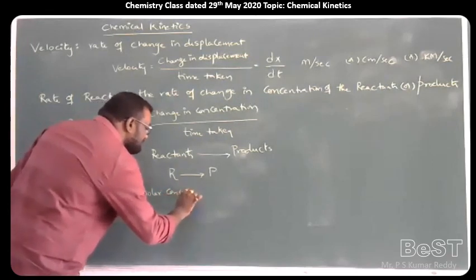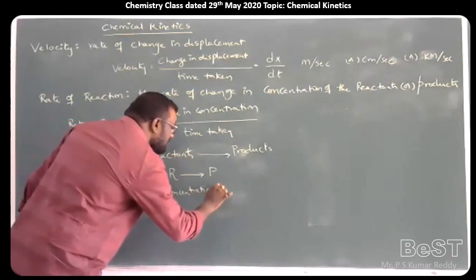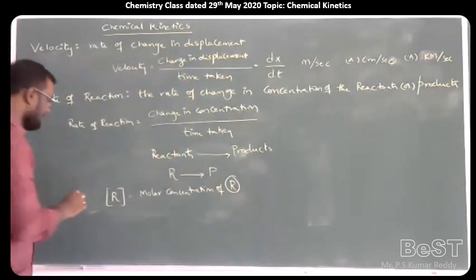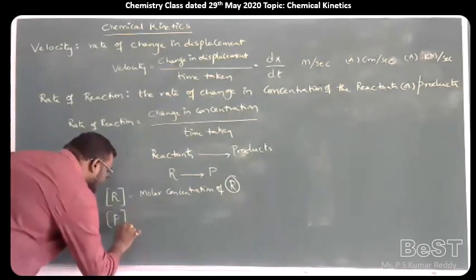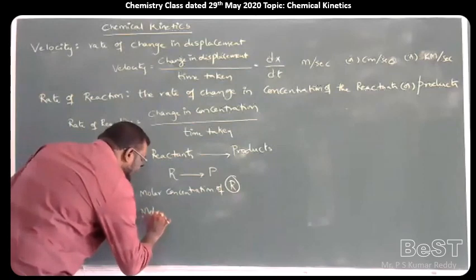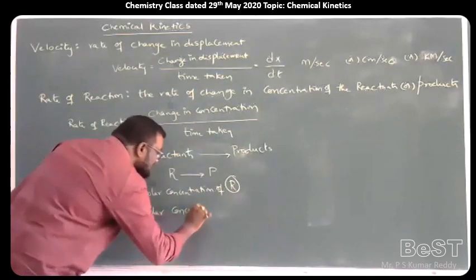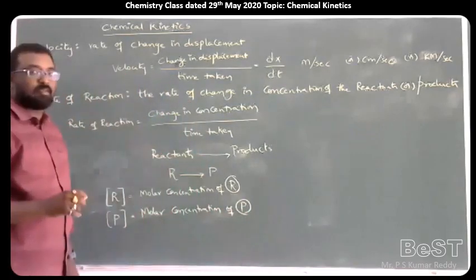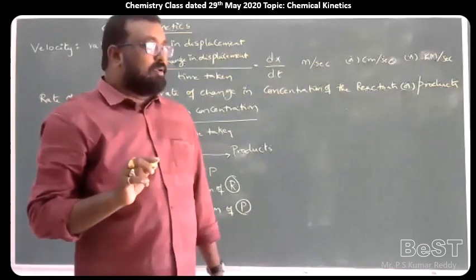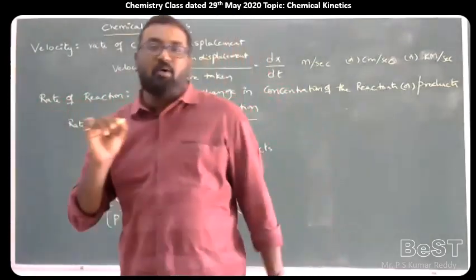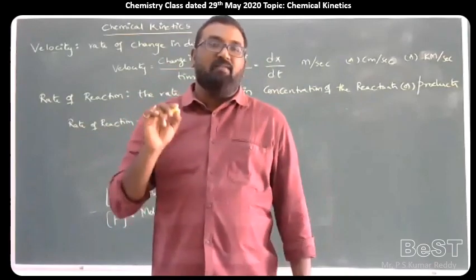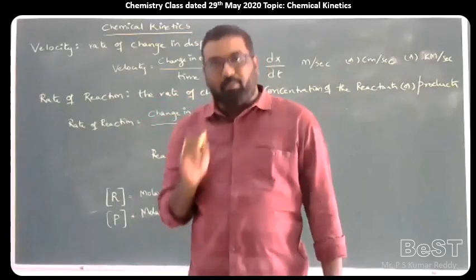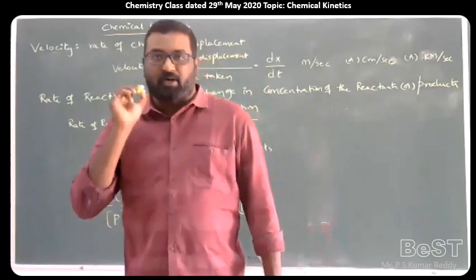For R, it is the molar concentration of reactants, and for P, it is the molar concentration of products.